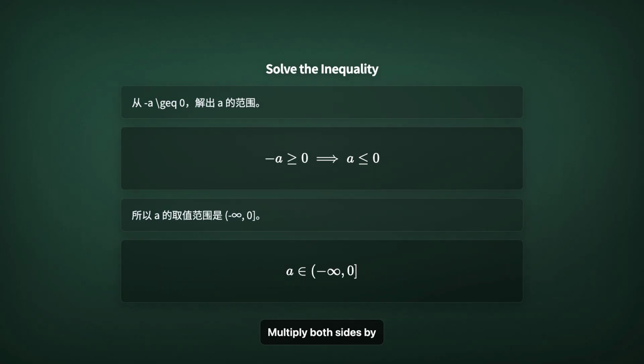Multiply both sides by negative 1, but remember that multiplying by a negative reverses the inequality sign. Actually, negative a greater than or equal to 0 implies that a is less than or equal to 0. So, a must be in the range from negative infinity to 0, inclusive of 0. Therefore, the range of a is all real numbers a such that a is less than or equal to 0.